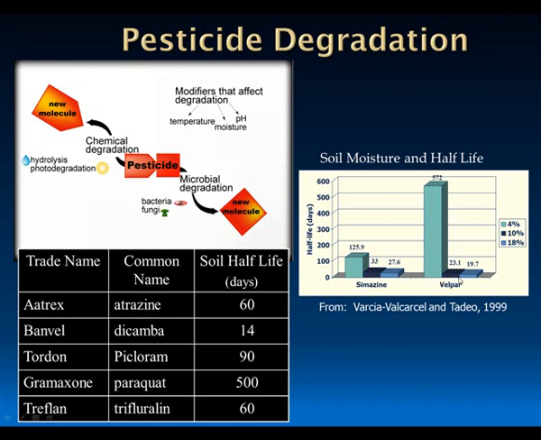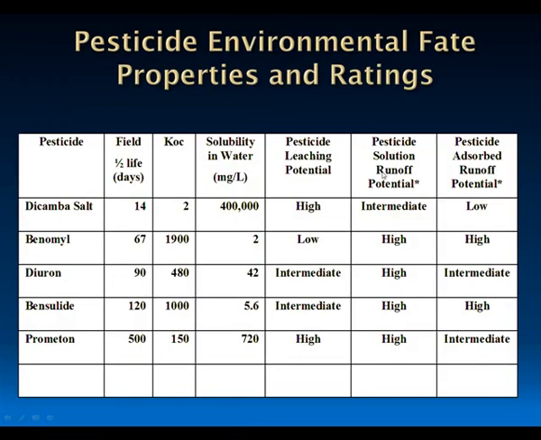As you get more soil moisture, conditions are more conducive to degradation, and they will break down faster. But you can see there was a large difference in that effect between these two chemicals, so it's chemical specific.